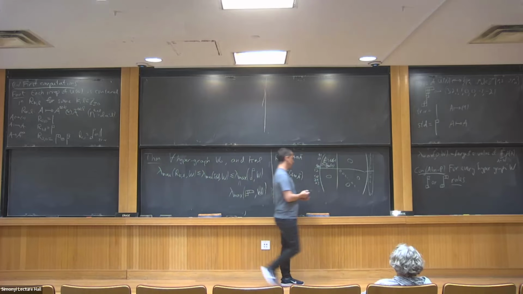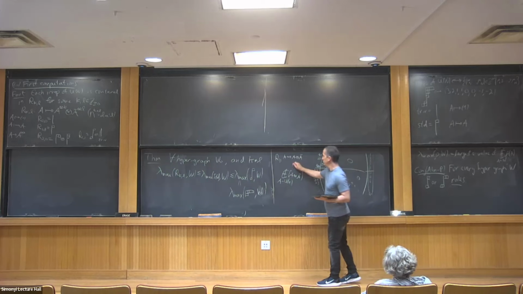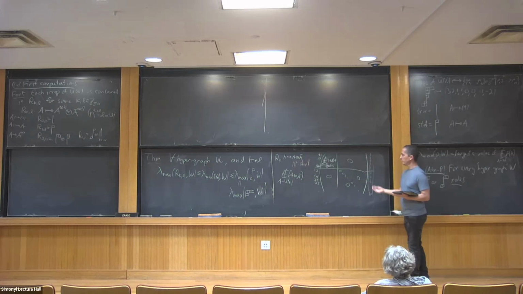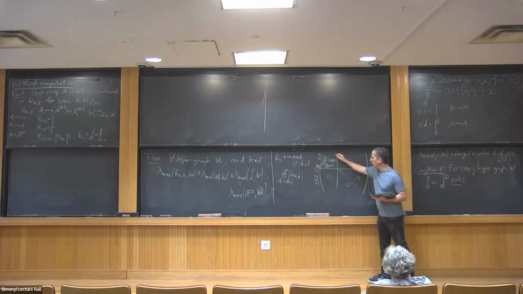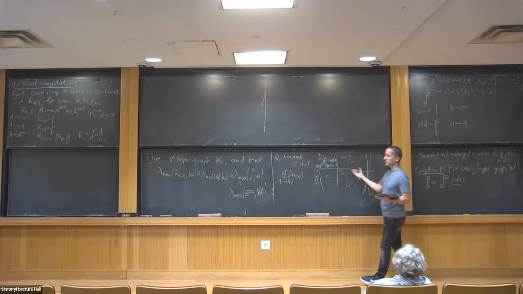So a computation shows it. The point is that even though this is an n squared dimensional representation, and this is true for all the balanced ones, there is a small block which we'll call the balanced block.